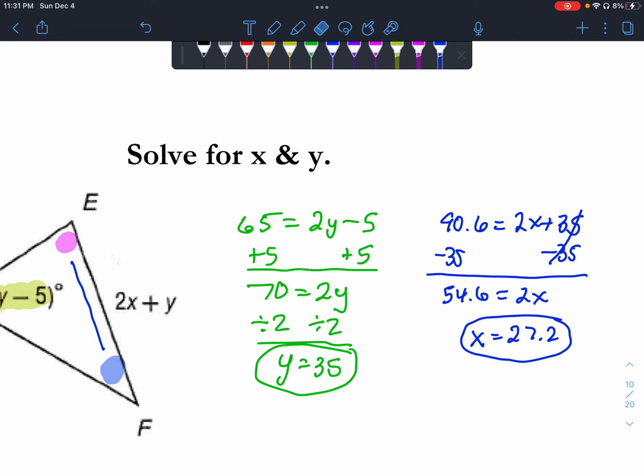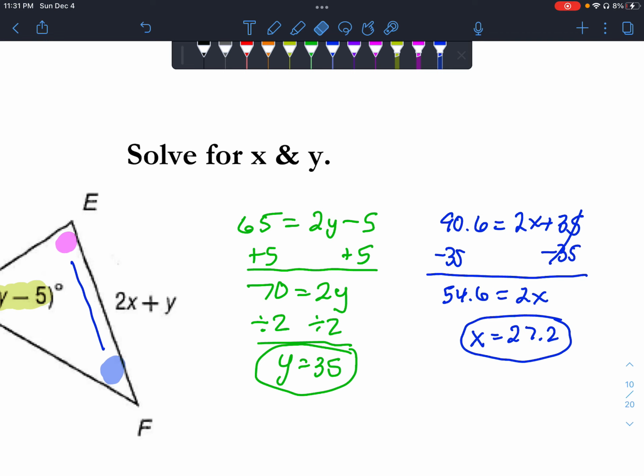Oh, yes, that's the mistake. 55.6. Final answer, 47.8. All right. Matching them up, finding and utilizing your x's and y's to get those final answers.